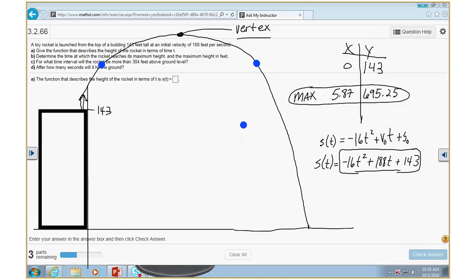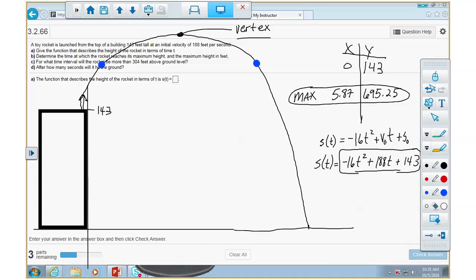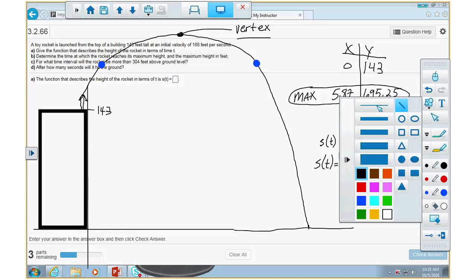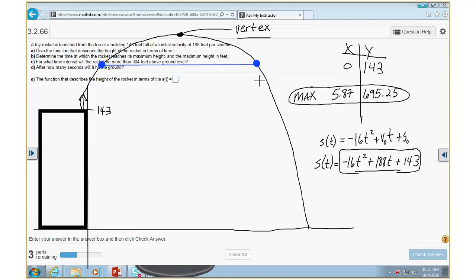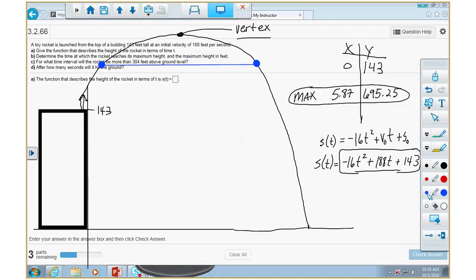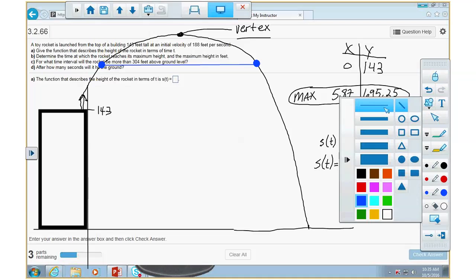So there's 304 feet. So for that 304 feet, we take our handy dandy straight line maker and color it blue. Can't you say that all of this area up here, it is above 304 feet? Okay, so all they want to know, take your handy dandy straight line maker.